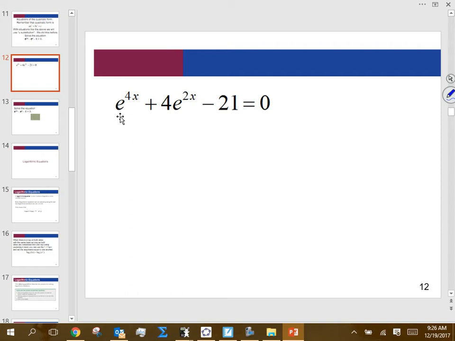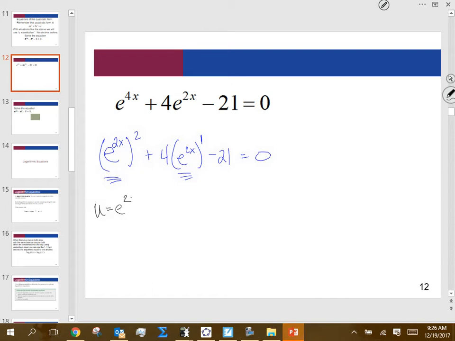But if I rewrite this as e to the 2x, squared, plus 4 e to the 2x minus 21 equals 0. I always try to put in my parentheses the object that is showing the quadratic format, right? Does that kind of make sense? What would I let u be in this case then?